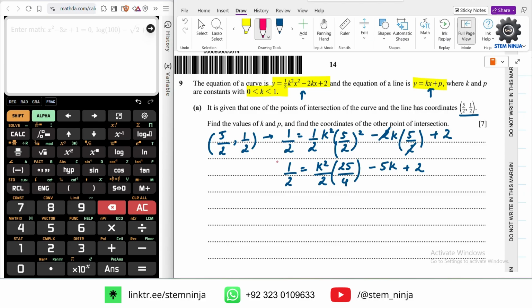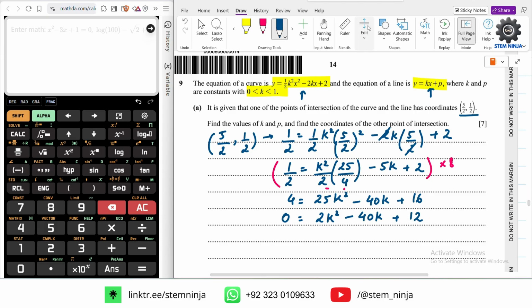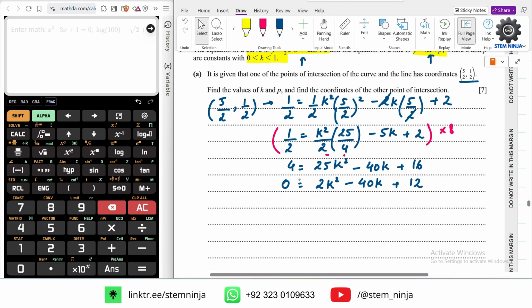What we can do is multiply both sides by 8, because you have 2 times 4, which is 8. 8 divided by 2 is 4, so this becomes 25k squared minus 5 times 8, 40k, and 16. So this would become 25k squared minus 40k, and 16 minus 4, 12.